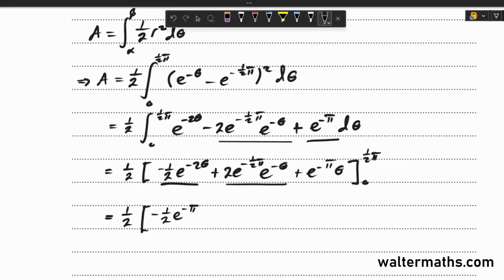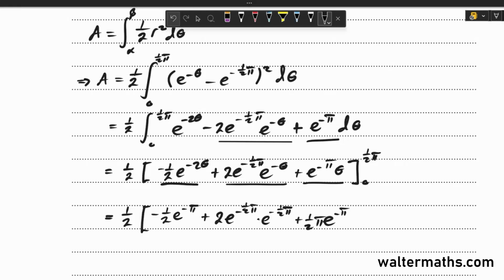Then substituting it here, we'll be having 2e to the minus half pi of e to the minus half pi. We'll simplify this later. And here we'll be having half pi of e to the minus pi.